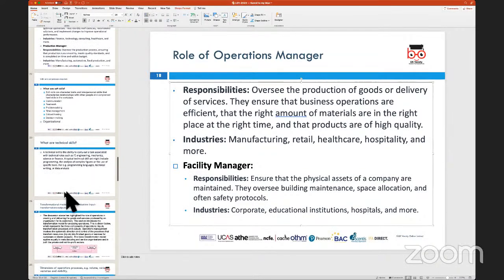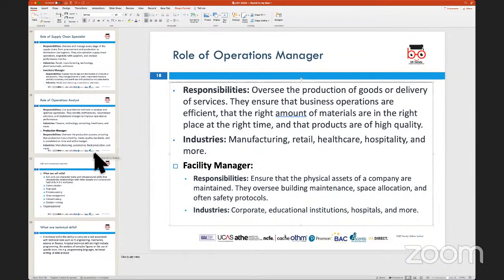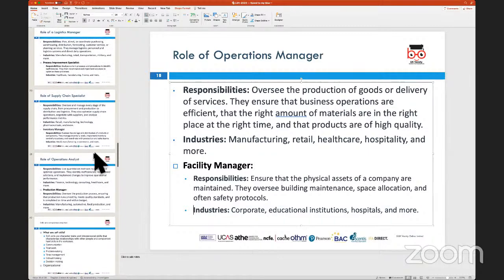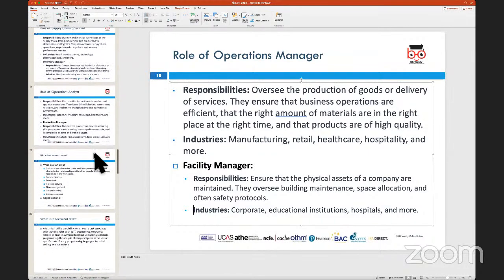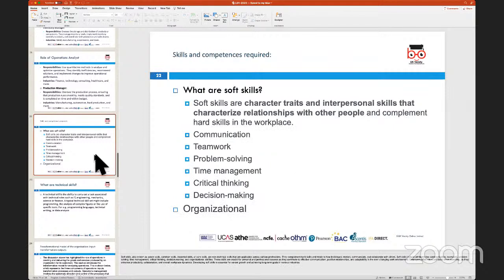You could also think of roles which could involve a purchase manager, which will be in conjunction with procurement and the inventory manager. And these are roles that you need to look into to understand what the various types of job roles are which can be involved in working within operations management within an organization.